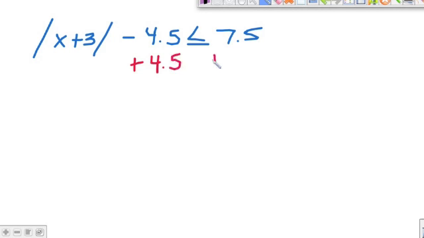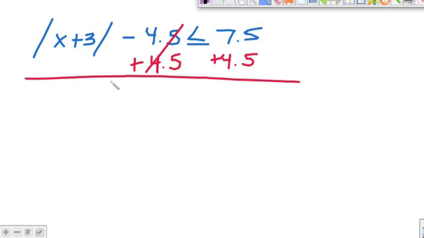Let's get that out of the way right now. Combine those like terms. These cancel. The absolute value of x plus 3 falls down, keeping them in the absolute value bars. Bring your inequality down exactly how it is. And 7.5 plus 4.5 is going to give us 12.